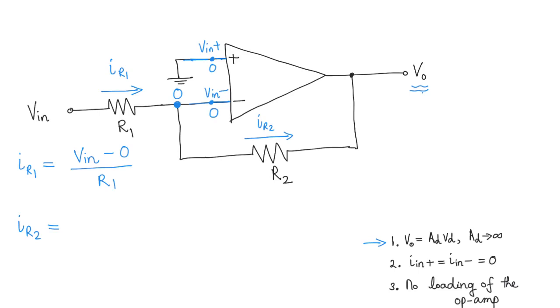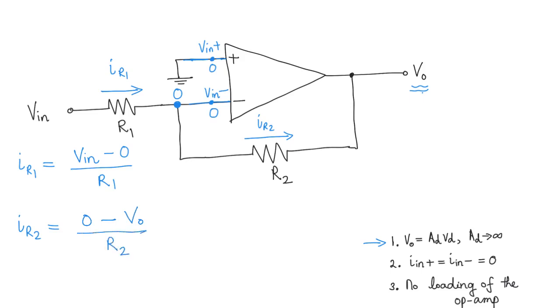So the current is going to be 0 minus VO divided by R2. Now notice that because the current is flowing in this direction, I'm taking this side to be the positive side. And therefore I write 0 minus VO, not VO minus 0. So the current IR2 is going to be 0 minus VO over R2.